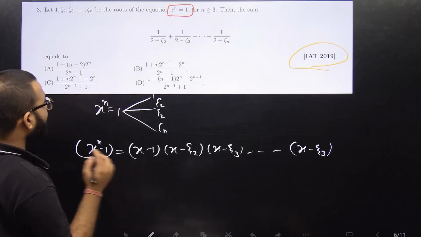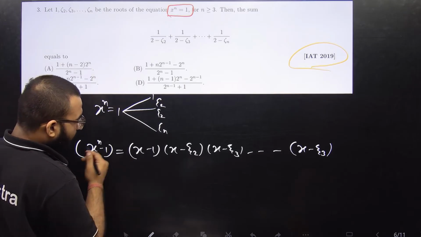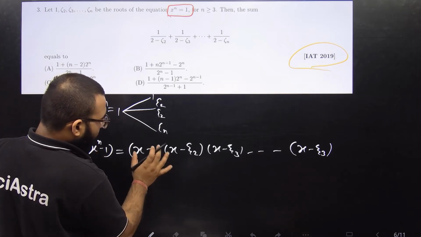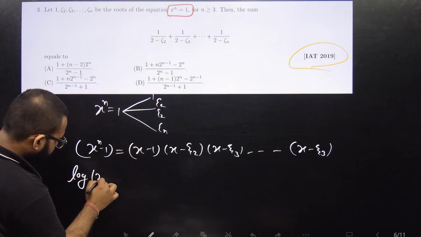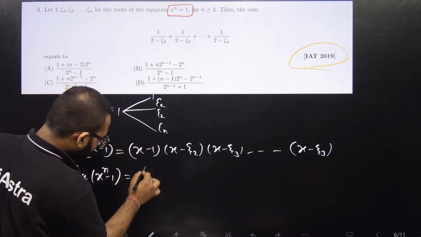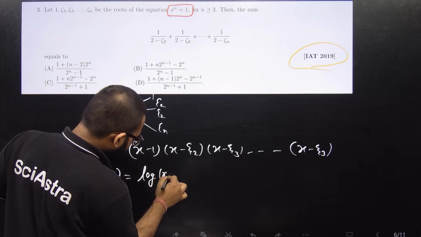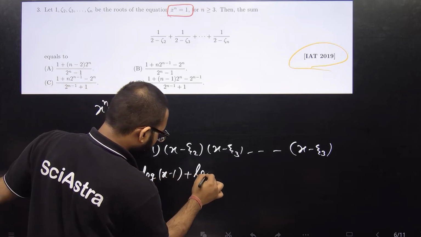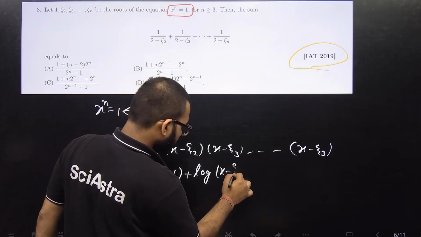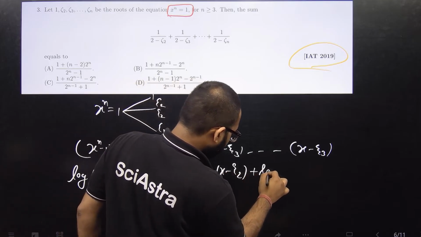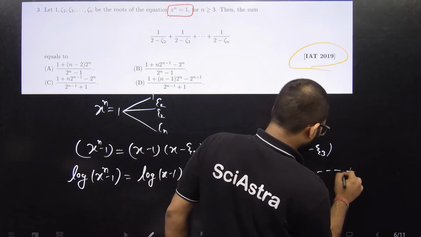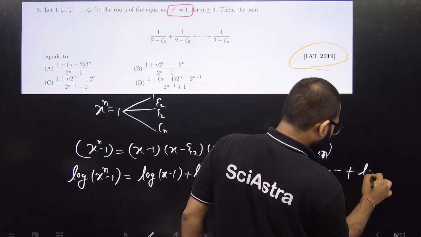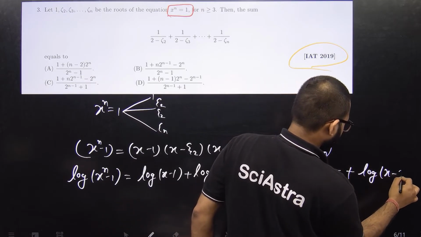All right. After that is a very important step. Let us take a log on both sides, so that the product becomes an addition. So log(x power n minus 1) is equal to log(x minus 1) plus log(x minus zeta 2) plus log(x minus zeta 3) ... plus log(x minus zeta n).